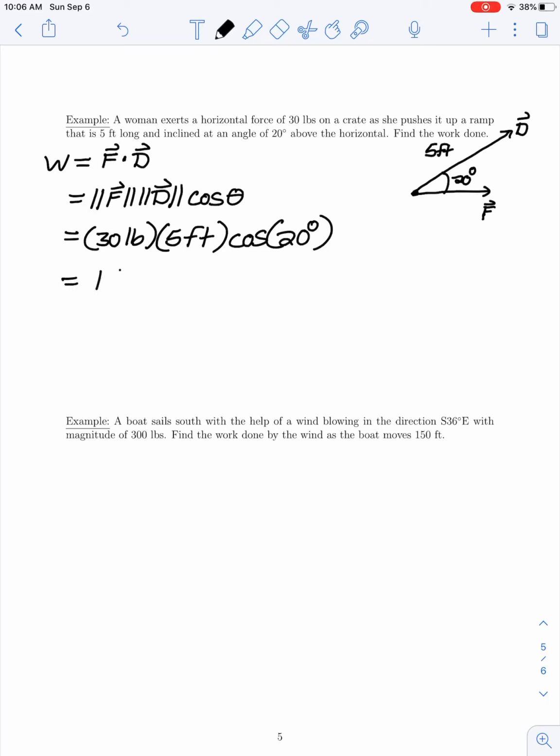So here we have 150 times cosine of 20 degrees measured in foot-pounds, or making use of a calculator to approximate cosine of 20 degrees, we're left with 141 foot-pounds.